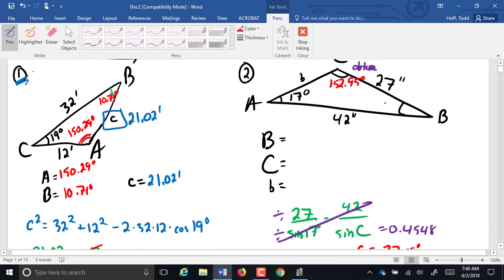Now we can find B, it's 10.05 degrees, just by adding together and subtracting from 180. To find side B, well, we've got that 27 over the sine of 17 degrees again. Little b over the sine of 10.05.